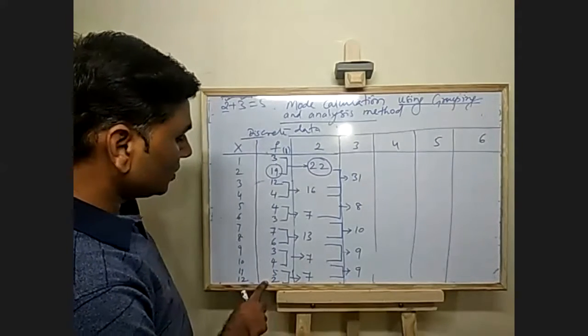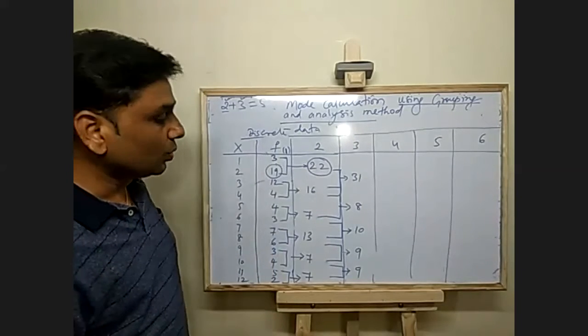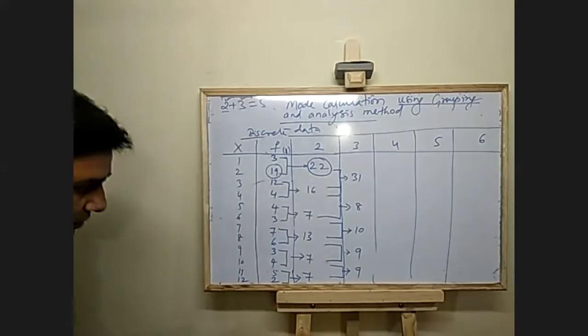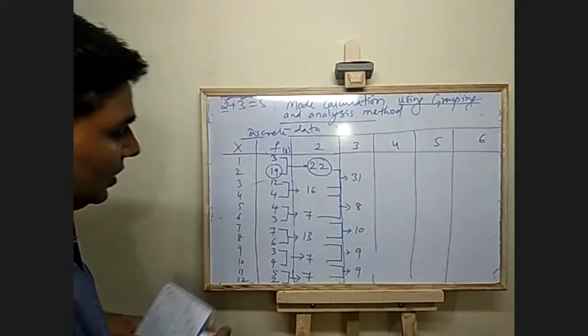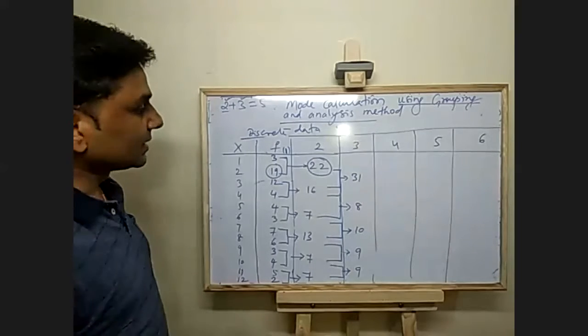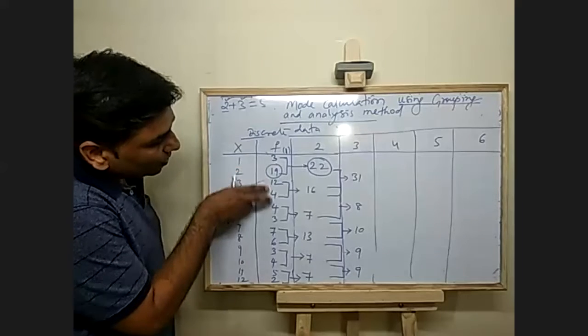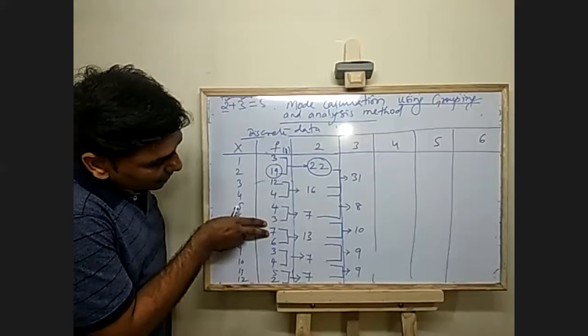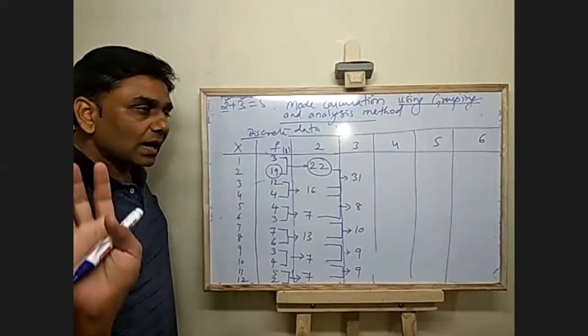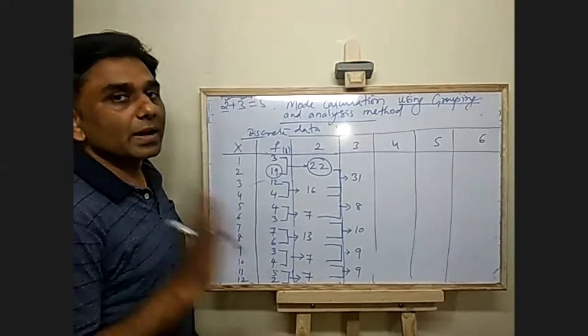So now we cannot pair 2 with anything. There is no number to pair with 2, so leave it as it is. These two, these two, these two, these two. Last number I left because there is no other number to pair it.